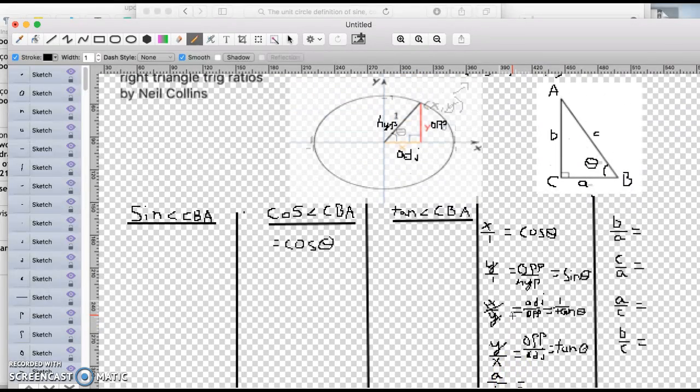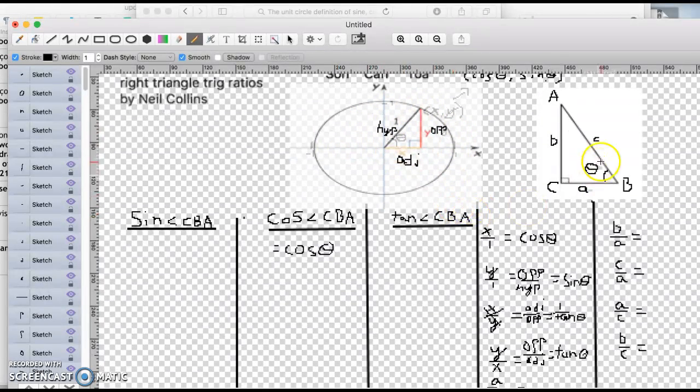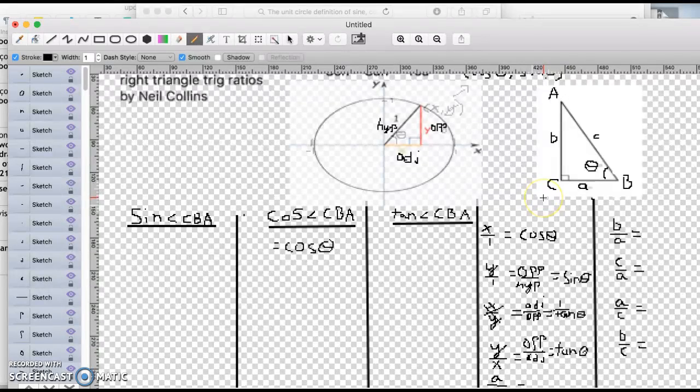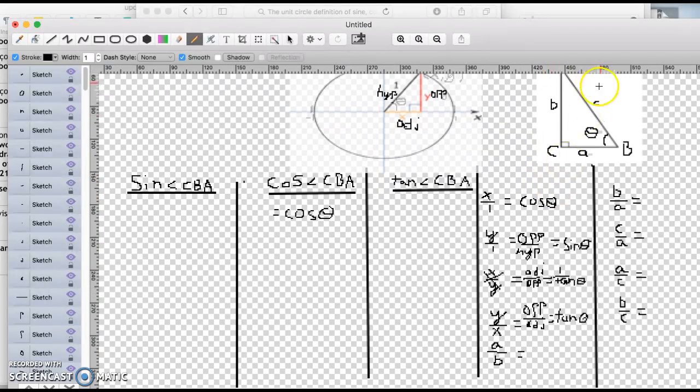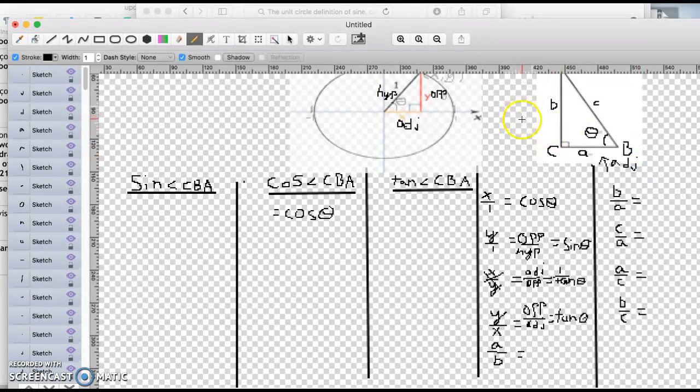A over B. So now that we're done with the triangle over here, we're going to compare it to the equivalent over on the right side. Okay, so A over B. Over here, let's label this triangle just to make it easier on us. This side right here with A is going to be the adjacent.